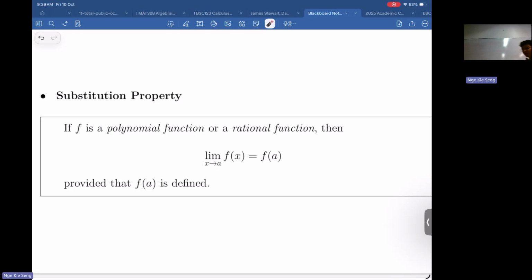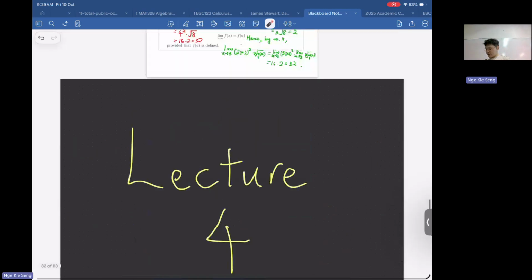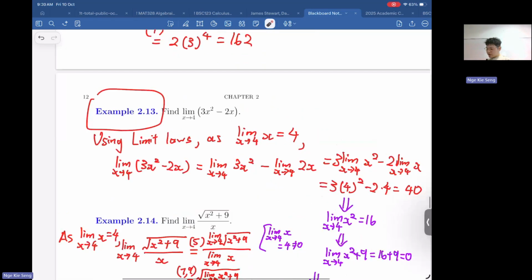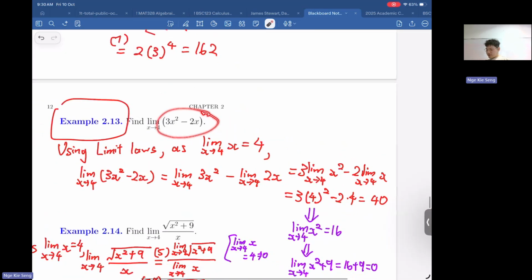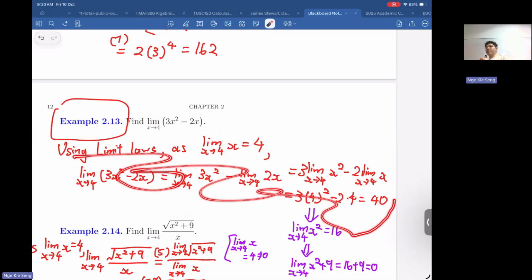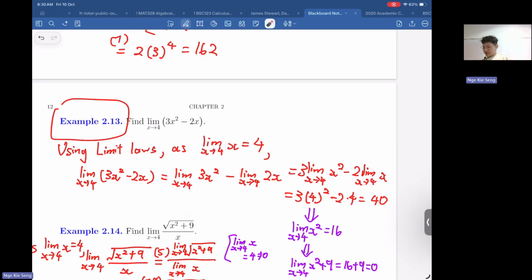Maybe we can test one example that we have computed just now. In particular, this one, 3x squared minus 2x. Just now we used the limit law to compute it. We get 40. There's a faster way here. The theorem says if you want to compute the limit of a polynomial when x approaches a, you just substitute 4 into x.